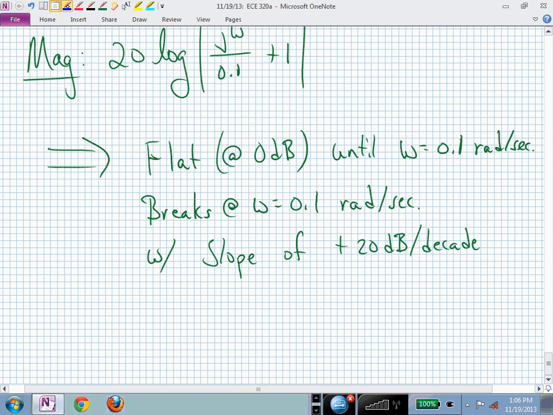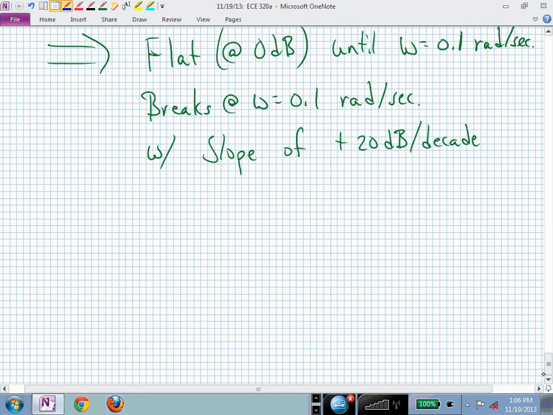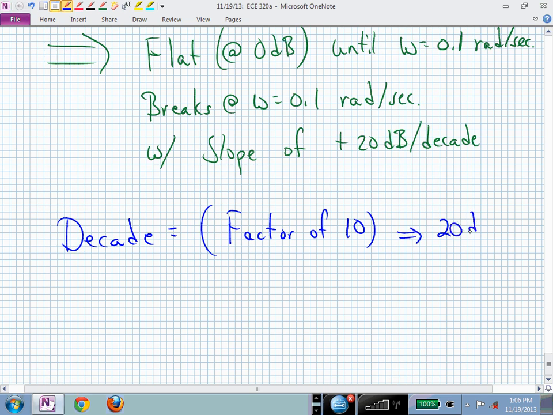And if you wanted to get finer in your resolution, then you might talk about something other than a decade. But a decade is a factor of 10, and that produces then this 20 dB per decade.